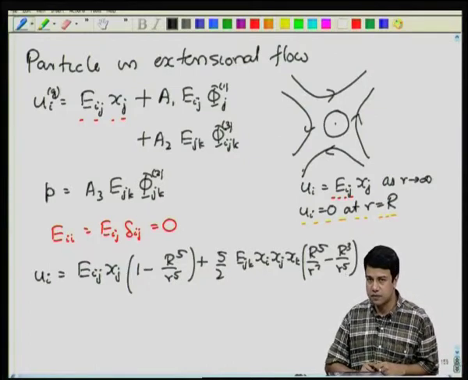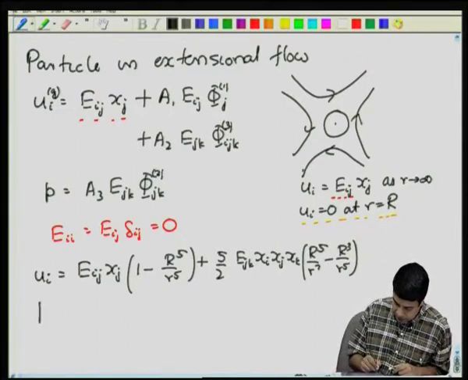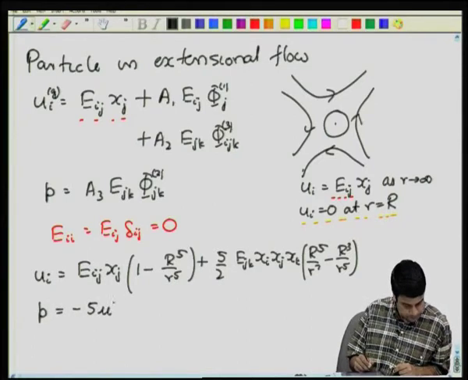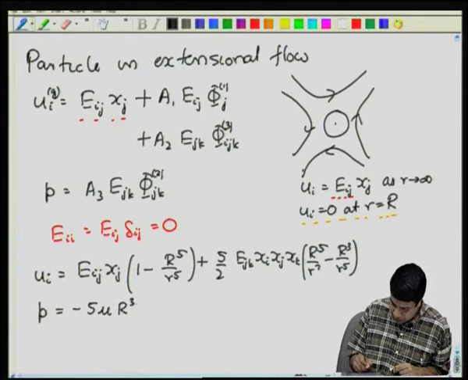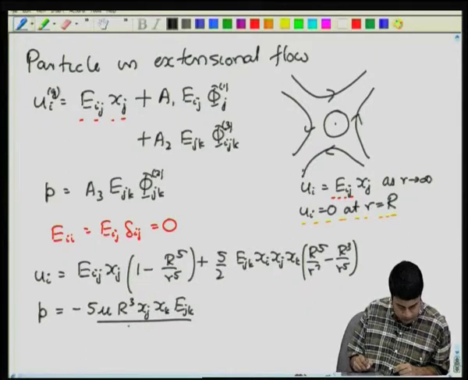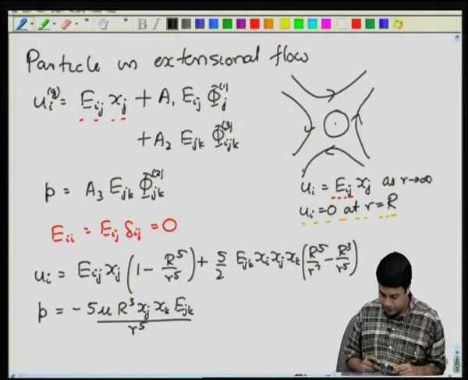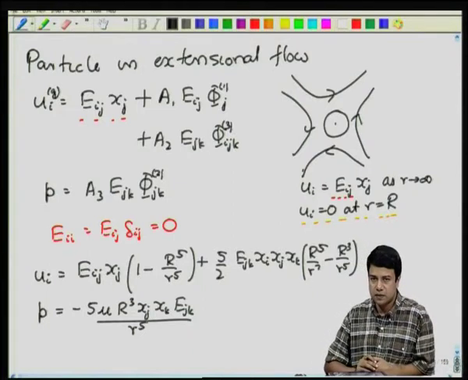That is the final solution for the velocity field after using the simplification that the trace of E has to be equal to 0. The final expression for the pressure is minus 5 mu r cubed xj xk Ejk by r power 5. So, these are the velocity and pressure fields.